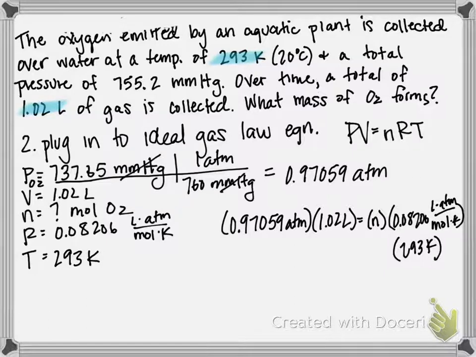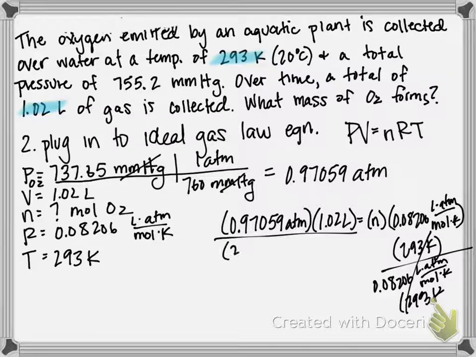So now, if I divide both sides by my gas constant, 0.08206 liters times atmospheres over moles times Kelvin, and by 293 K, there we go, moles times Kelvin.